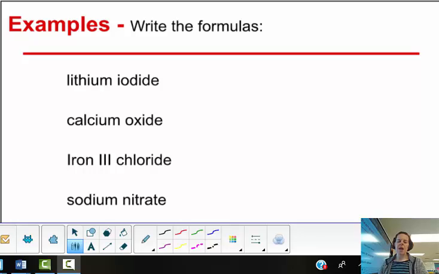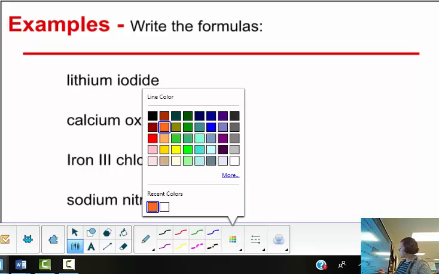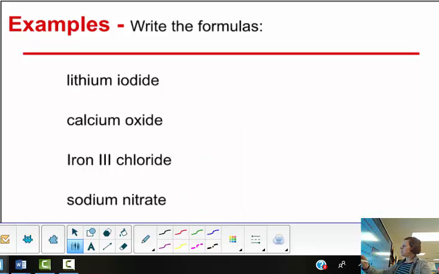So back here to a couple of examples, okay? If you're going to write the formula, you have first one here, lithium iodide. So you find lithium on the periodic table, okay? Lithium is Li+. Iodide is I-. +1, -1. Cancel out. So your formula is going to be LiI. You see, this is where those capital and lowercase letters are super important.